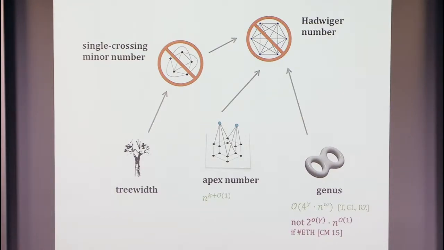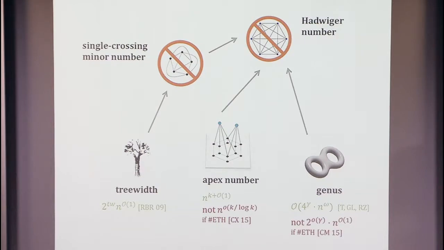So for the apex number, we have seen this trivial brute force algorithm that solves the problem in time n to the k. And we can show that unless #ETH fails, you cannot get it in time n to the little o of k over log k. And also this hardness result also gives you #W[1] hardness.